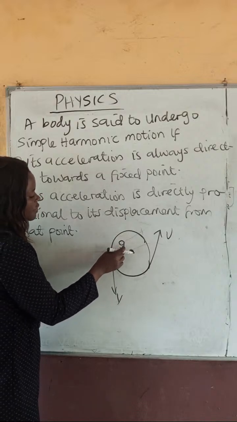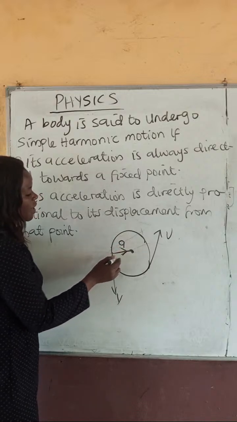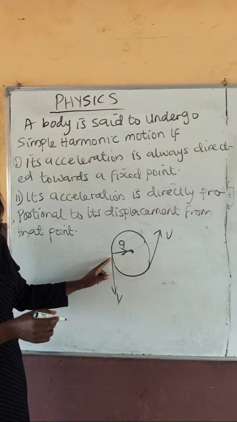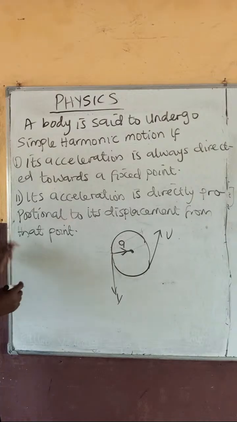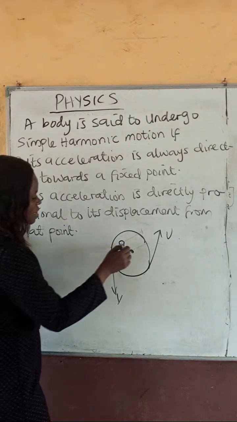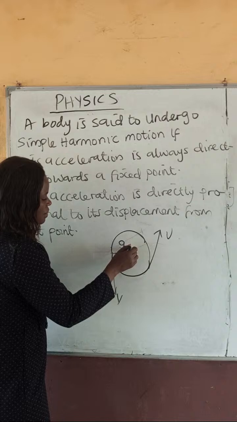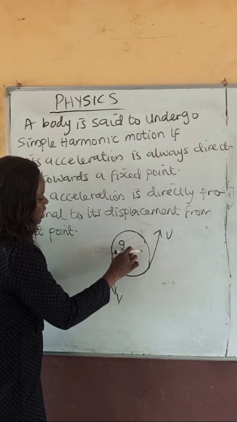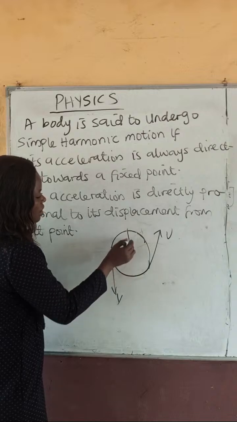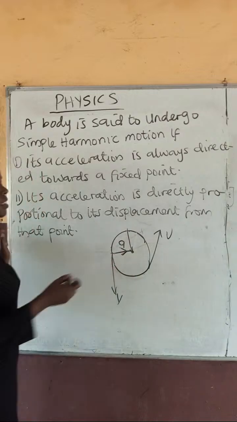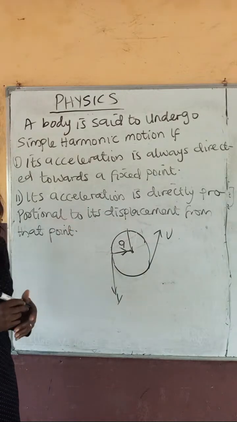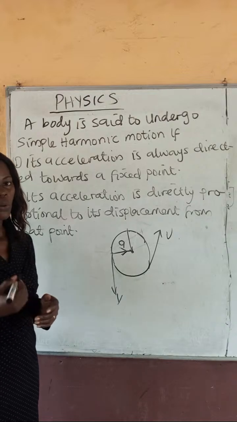So the displacement from this point can also be gotten from here, because the acceleration is proportional to the what? To the displacement, okay? You know what displacement is? We can find the distance covered from here to here. That is what I mean by that, okay? Now I'm going to use certain equations and formulas to explain this concept I'm trying to explain to you. Right.